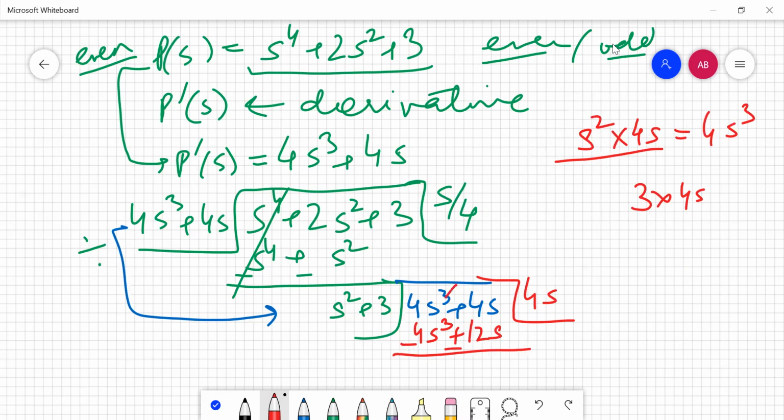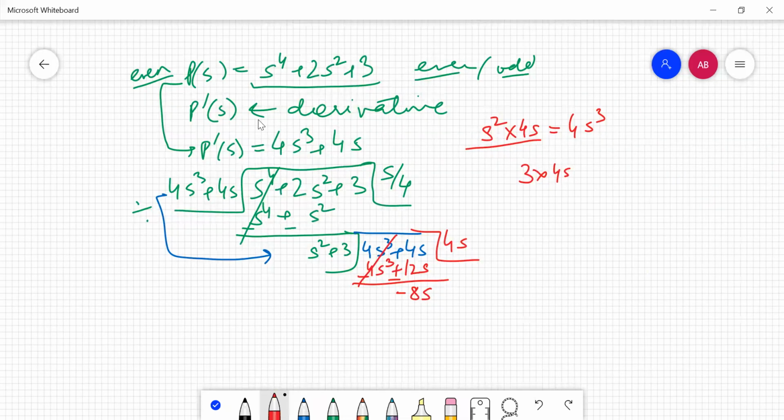Again you subtract it. This gets cancelled out and you get -8s here, right? Again you go for the inversion. It was dividing first and now it is going to get divided by s^2 by -8s.